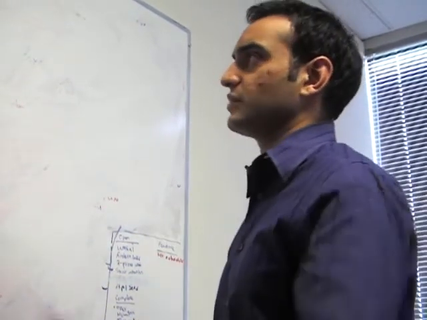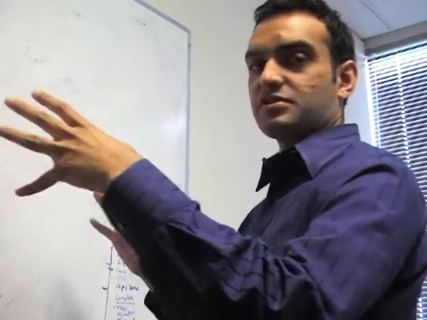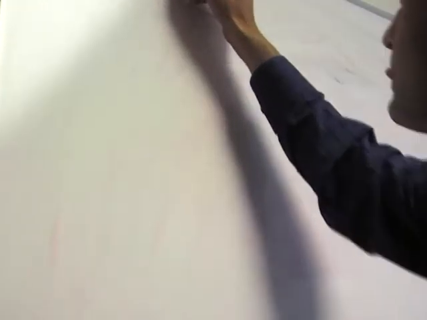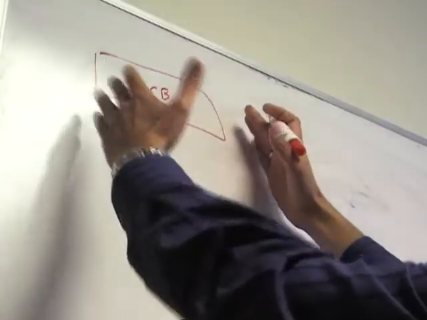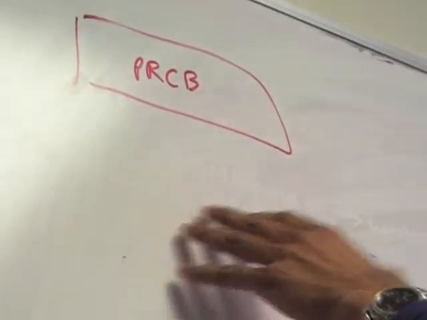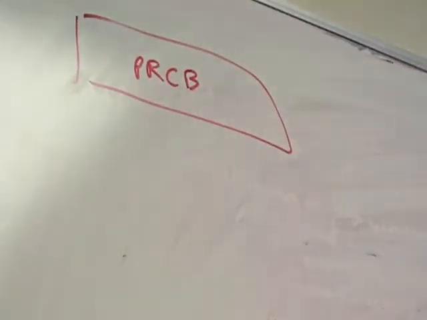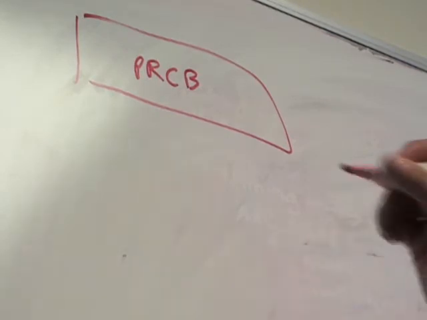Before we get into that, I just want to give you a picture of how this would look in the OS. So this is a PRCB, which is a processor control block, which represents basically a CPU. Each CPU in the OS is represented by one of these data structures.